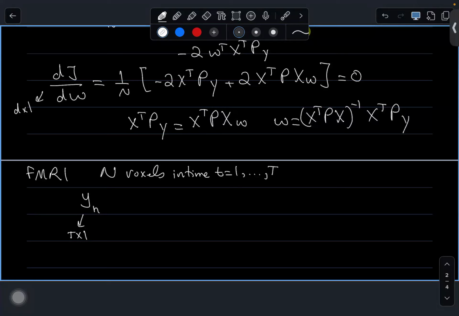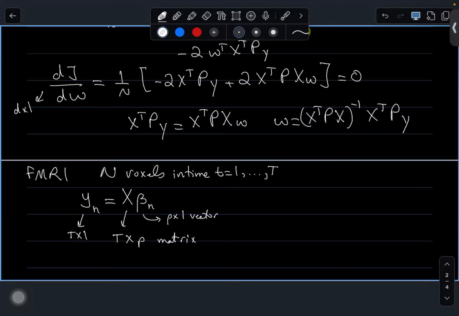Capital T. So it's a T by 1 vector. This is equal to some matrix X, which is called my design matrix, times a variable that I'm trying to find, beta. Beta is like our W, and has a subscript n in it because it's associated with this voxel number n. So X here is a T by P matrix, and beta is a P by 1 vector.